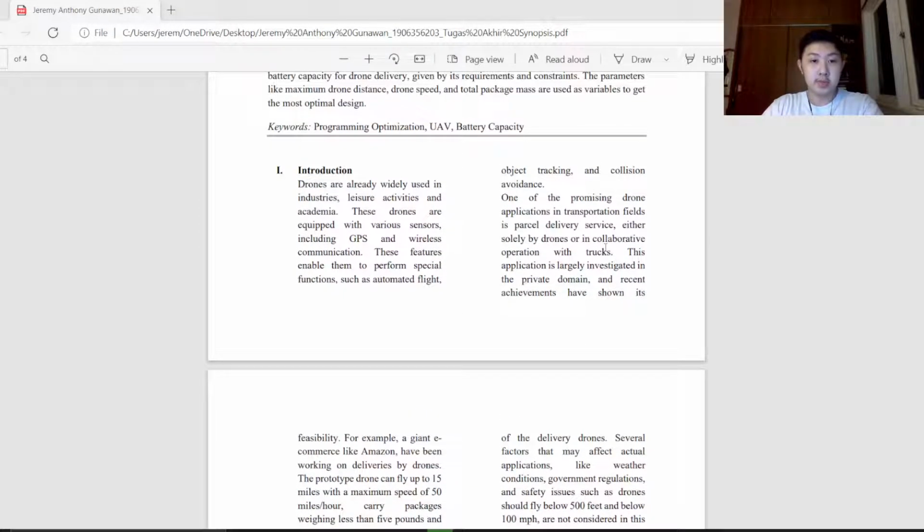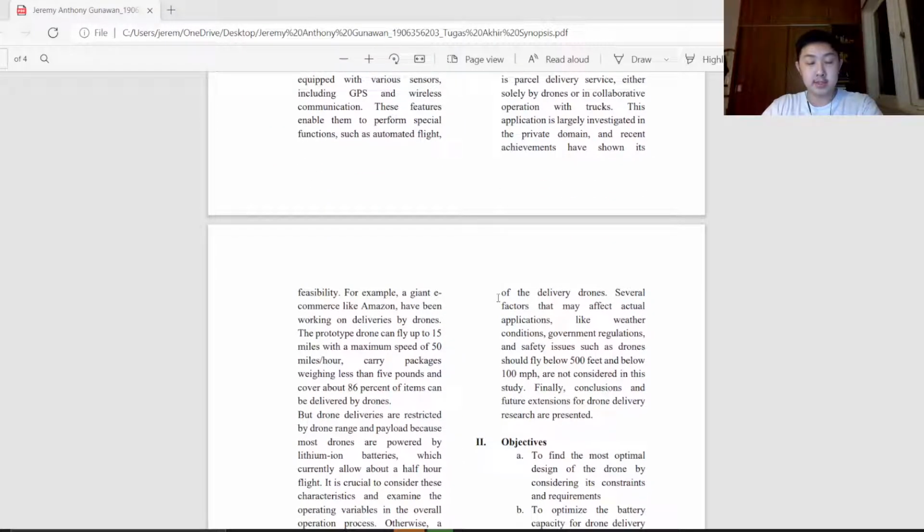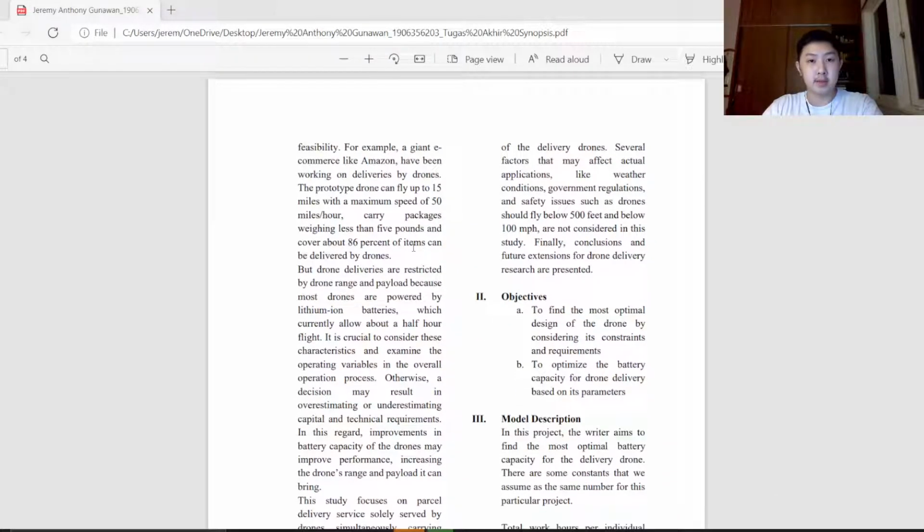Drones are widely used in industries and leisure activities, as I said before. They're equipped with various sensors such as GPS and wireless communications, and they are able to perform amazing functions such as photography, autonomous flight, and such things.